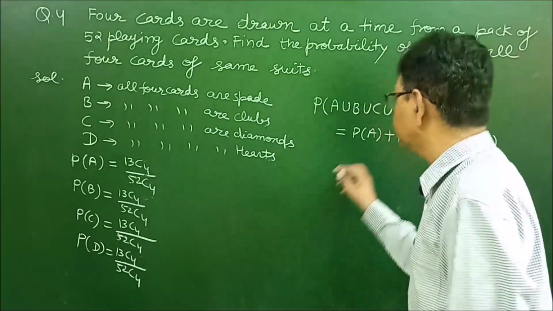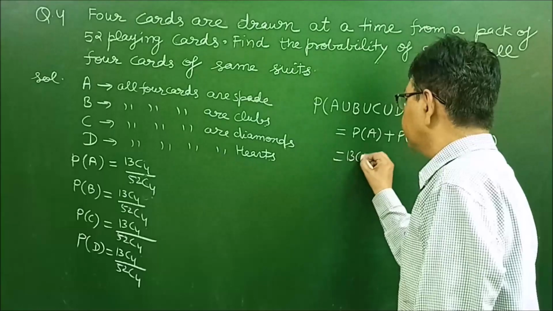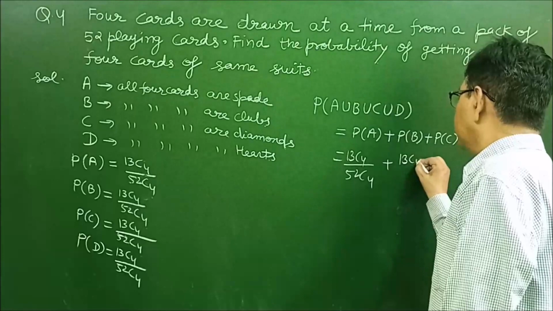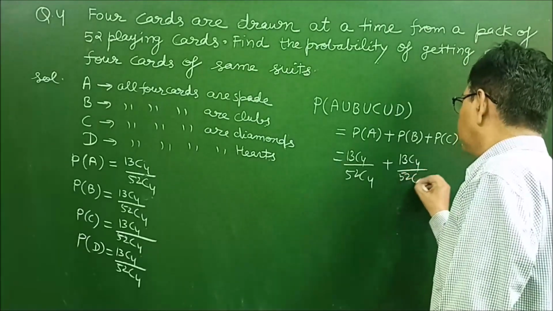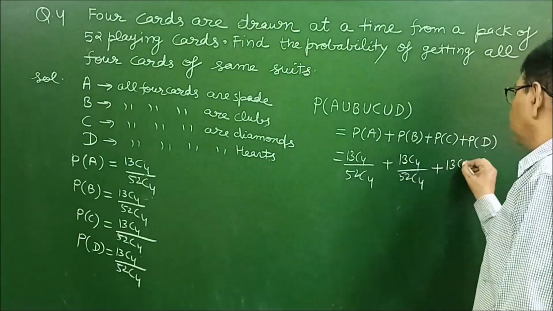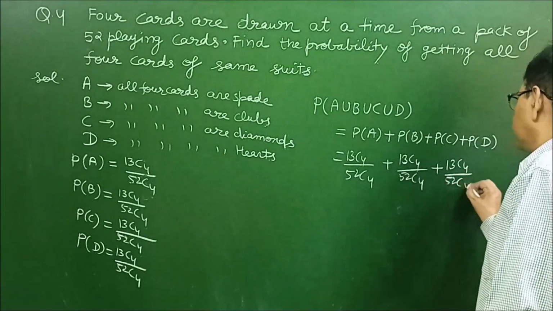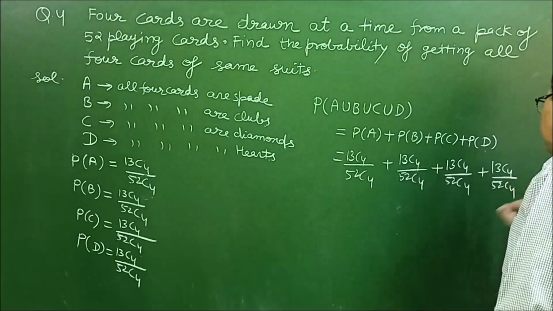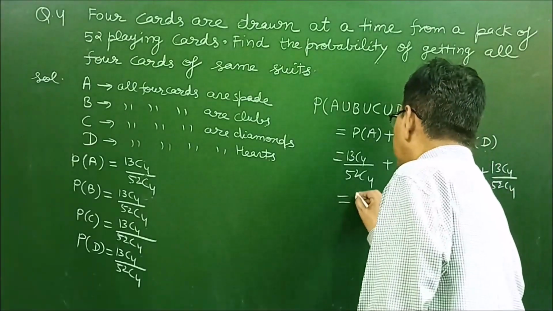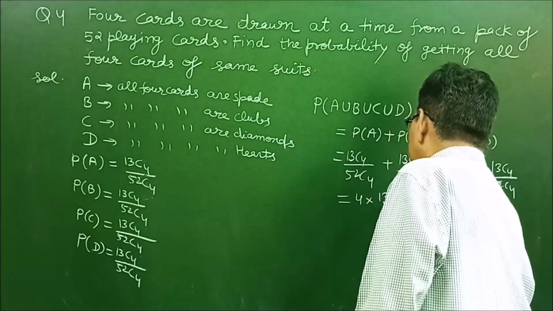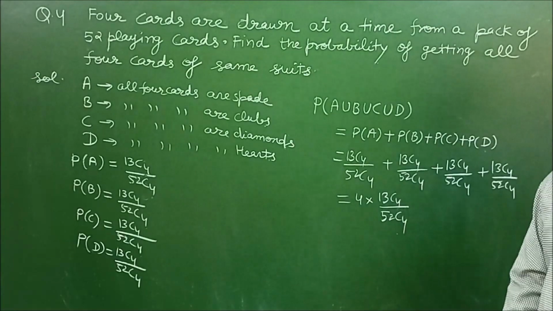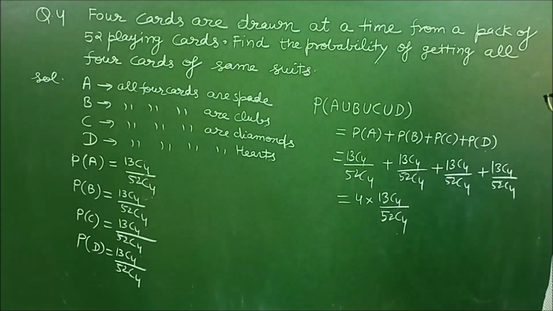Putting all these values here, we get 13C4 upon 52C4 plus 13C4 upon 52C4 plus 13C4 upon 52C4 plus 13C4 upon 52C4. So this is equal to 4 times 13C4 upon 52C4. Now let us calculate the value of 13C4 and 52C4.